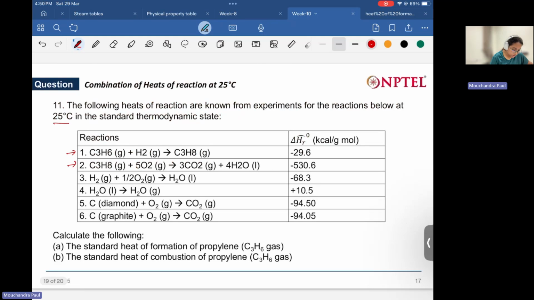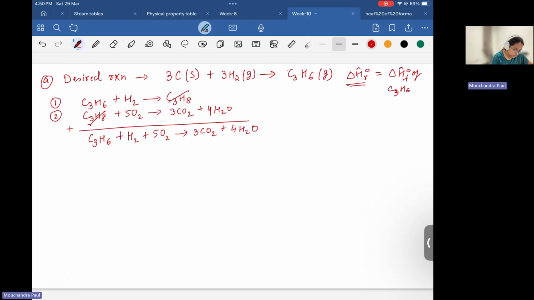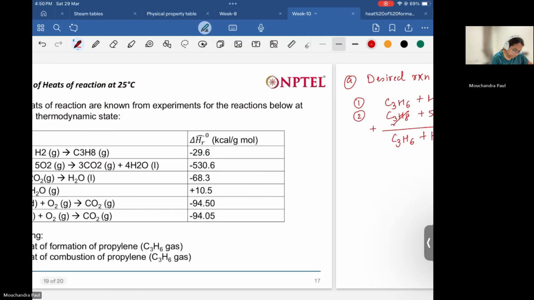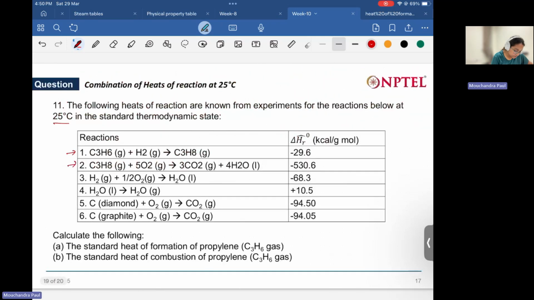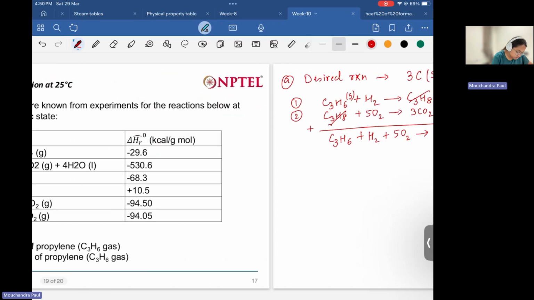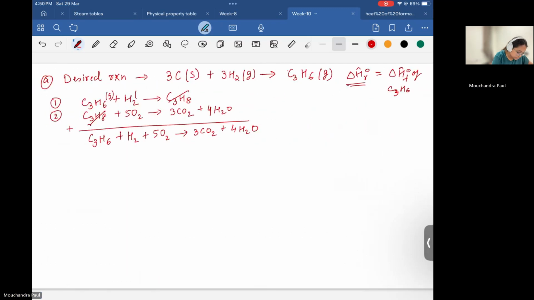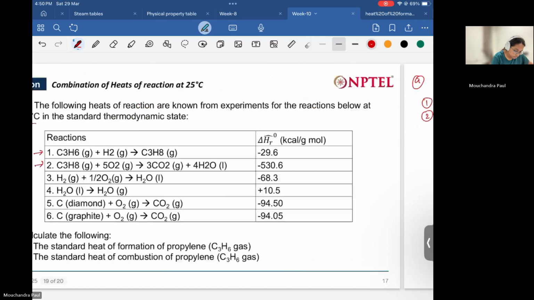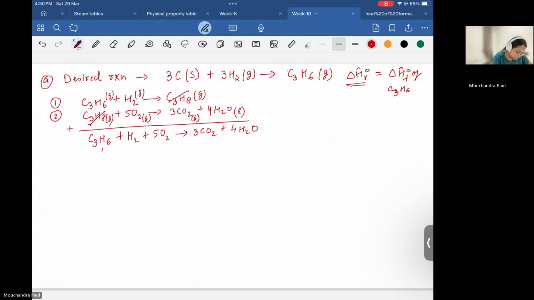Now the story is not done yet. If you consider the states as well, let's write the states here. This is in gaseous state, gas, gas. It's in liquid.